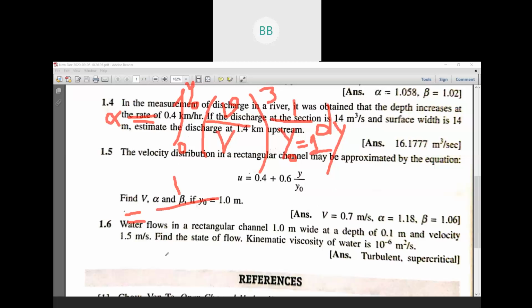That capital V is a constant that we have already calculated, that is 0.7. Then we have whole cube, don't forget, so it will be 1 by 0.7 whole cube.